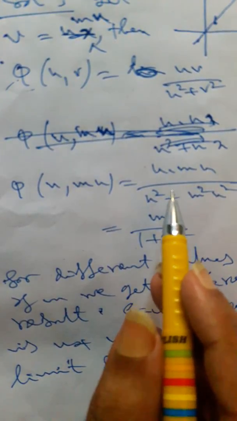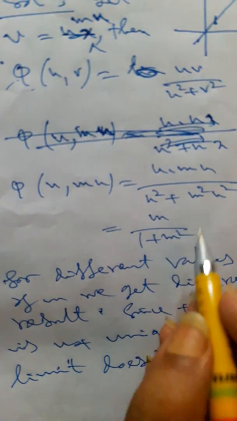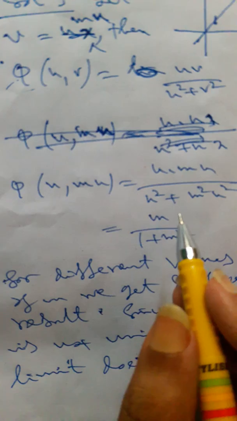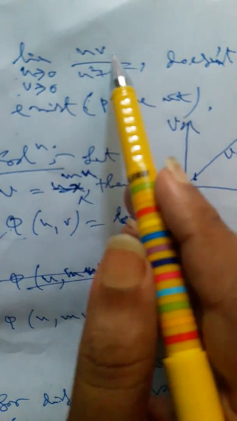There is no possibility of uniqueness, because for different values of m we get different results. So it is not unique, hence the limit doesn't exist. So we can say that the limit as u tends to 0 and v tends to 0 of uv by (u square plus v square) doesn't exist.